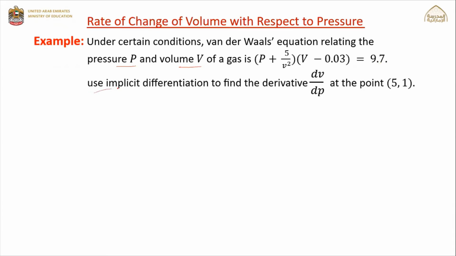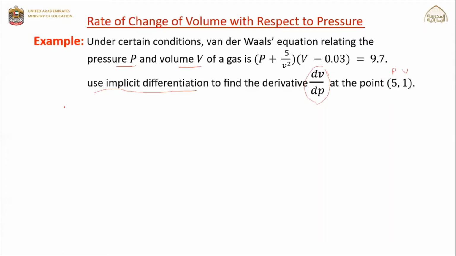Use implicit differentiation to find the derivative dV/dP at the point (5, 1). So 5 is the value of P, because it takes the place of x, and 1 is the value of V, which is the value of y.